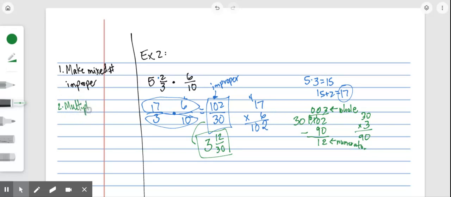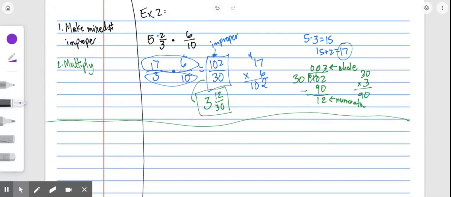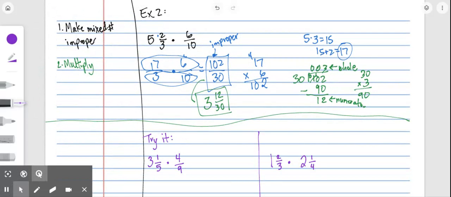Okay, I'm going to give you some try-its. Okay, so you have two try-its. The first one is 3 1/5 times 4/9. The second one is 1 2/3 times 2 1/4.